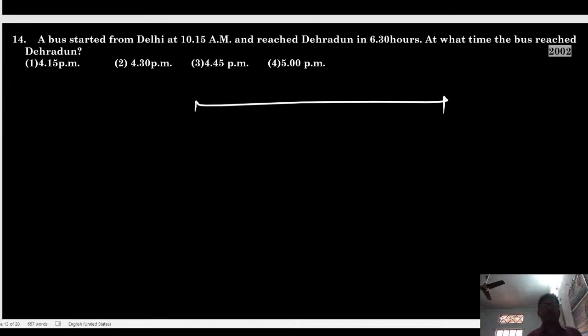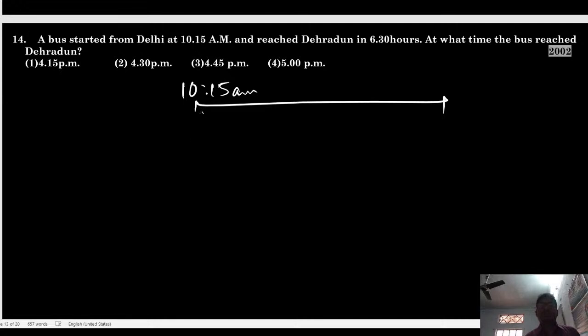Starting time is 10:15 a.m., and the bus reached Dehradun in 6:30 hours.